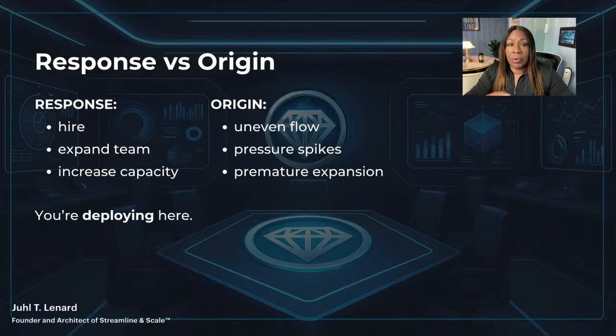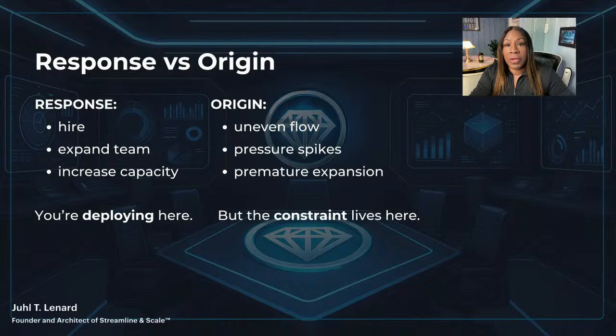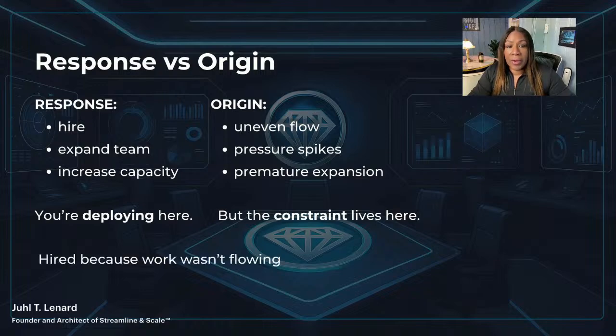You were deploying over here because you thought you needed to expand the team, but the constraint lives over in capacity, with things that we needed to do before hiring so that we could align with revenue. Hired because the work wasn't flowing, but there was an uneven flow.